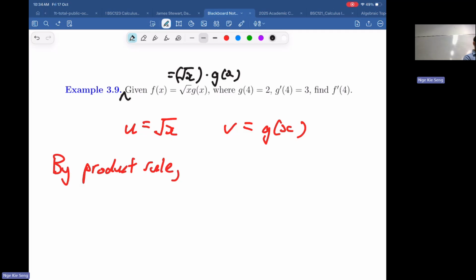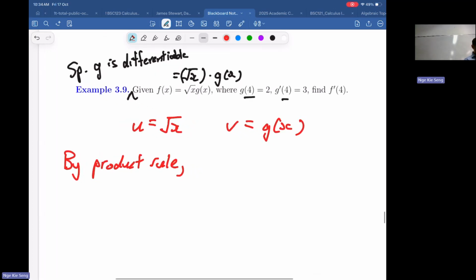So actually, we have to assume that g is differentiable, at least at this point, at least at x equals 4. If we're going to use the product rule, it has to be differentiable there.